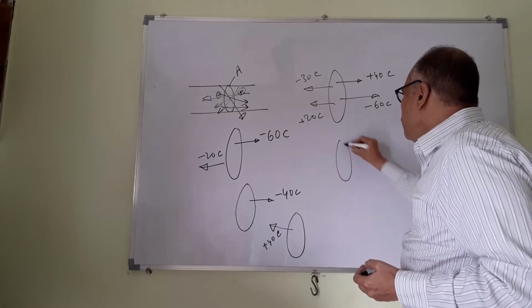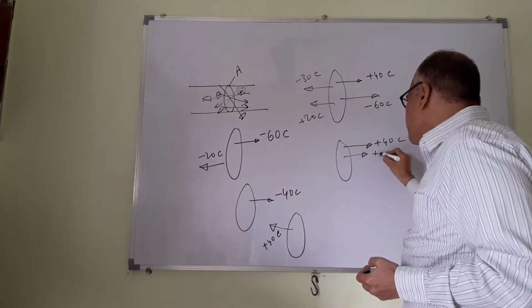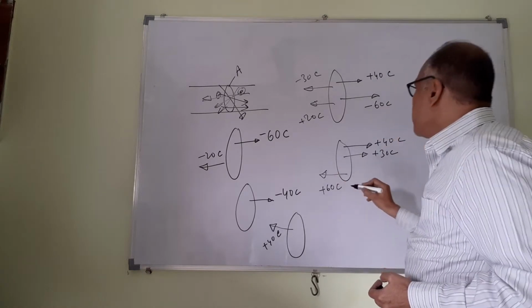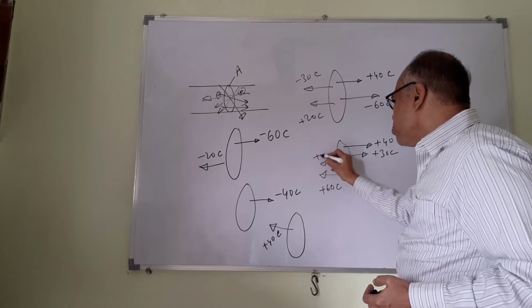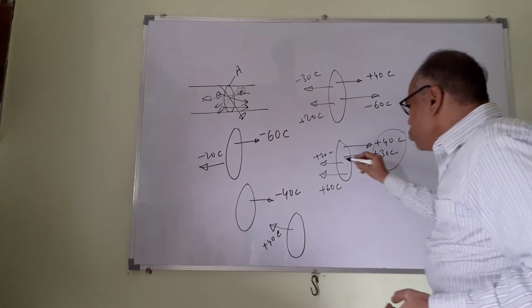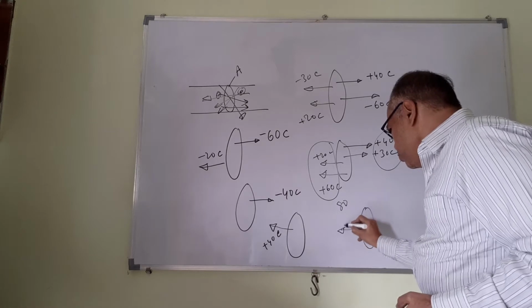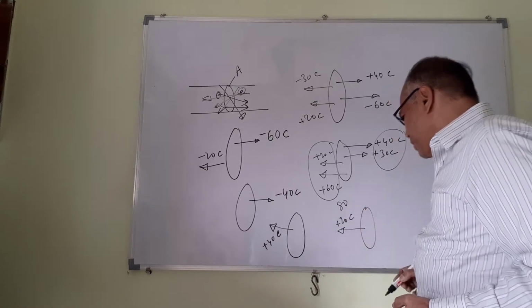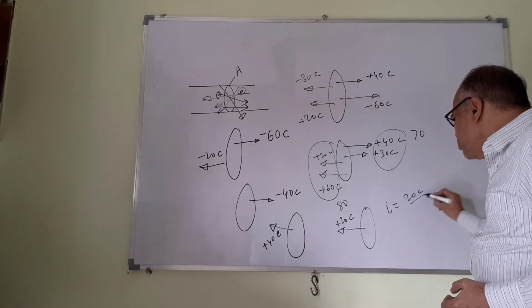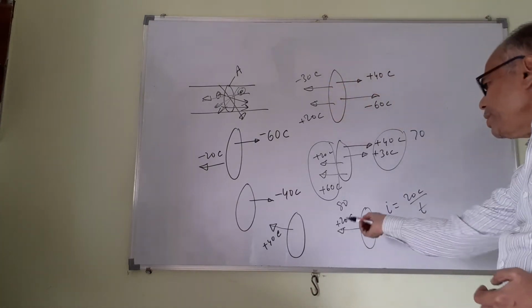First of all, keep this 40 as it is, minus 30 put it as plus 30 here, minus 60 put it as plus 60 the other side, 20 keep it as it is because it is positive. So 40 plus 30 is 70, 20 plus 60 is 80. So net there is a 20 coulomb charge towards the left. So the current I would be 20 coulomb by the time. It will be towards the left.